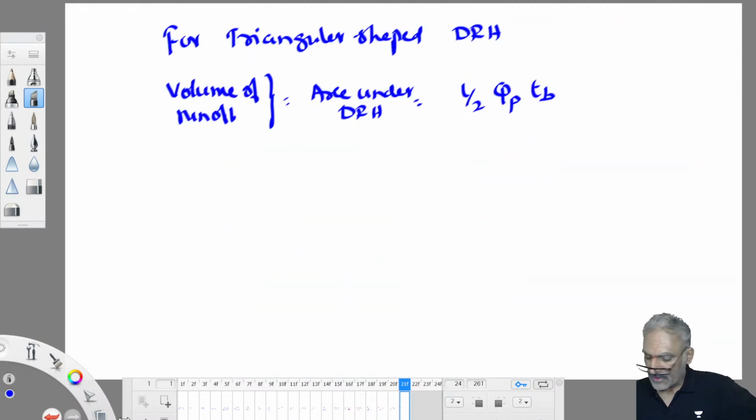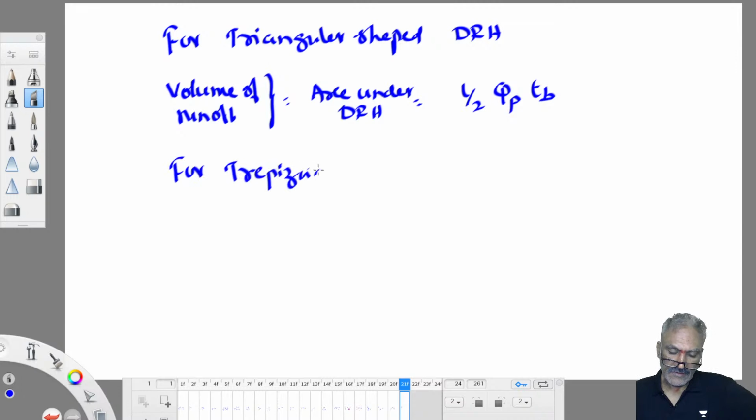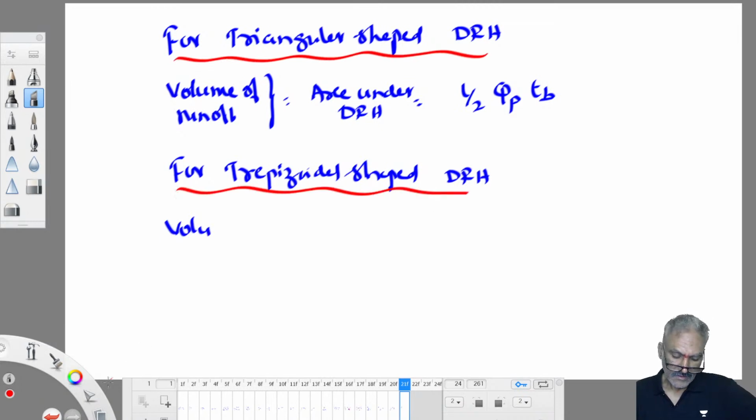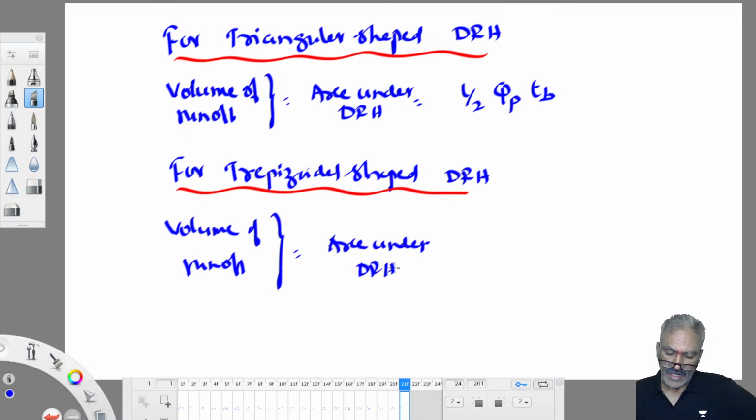Trapezoidal shaped direct runoff hydrograph. For a trapezoidal shaped direct runoff hydrograph, volume of runoff is equal to, runoff means by default it is direct runoff only, so area under the direct runoff hydrograph, or area of the direct runoff hydrograph, it is (A plus B) by 2.